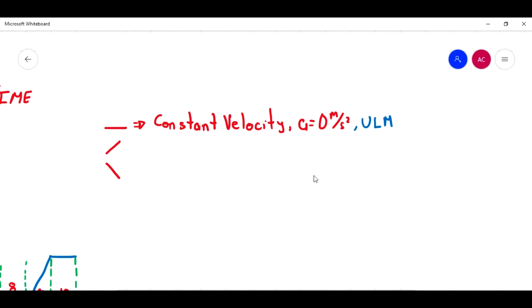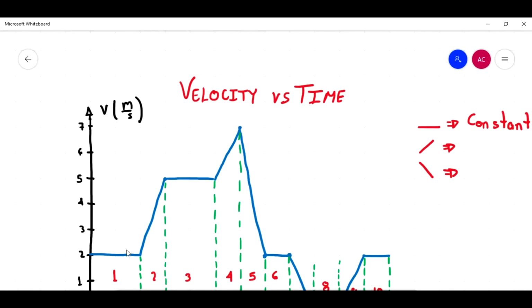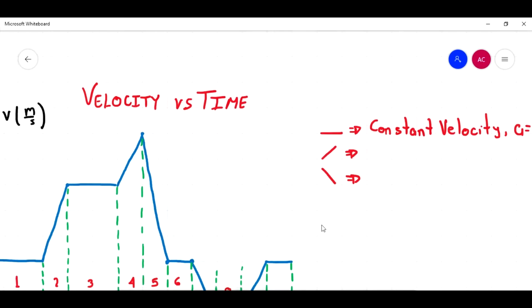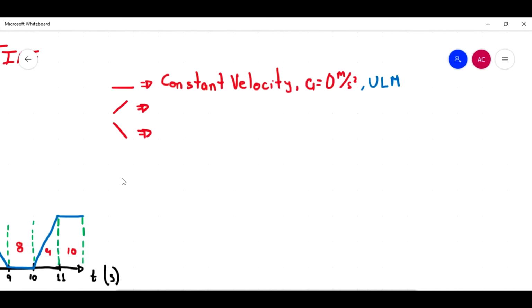But if we have a line that goes upwards or downwards, with inclination, that means that I have a change in velocity. For example, here the velocity increased from 2 meters per second up to 5 meters per second. So the velocity changed. If there is a change in velocity, that means that we're going to have acceleration.